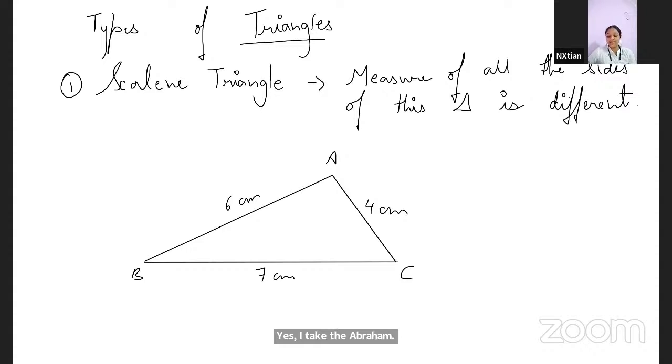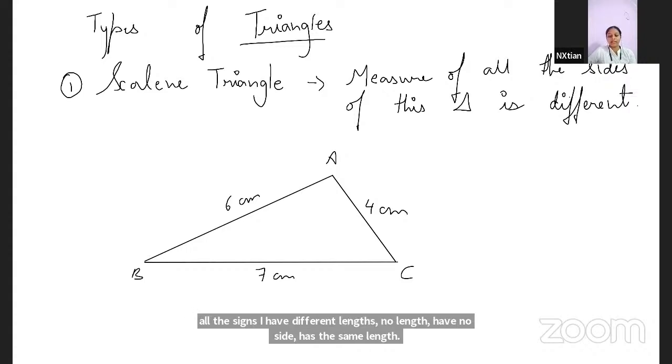And we just did scalene triangle. It is a triangle in which all the sides are of different lengths. No side has the same length. That is scalene triangle.